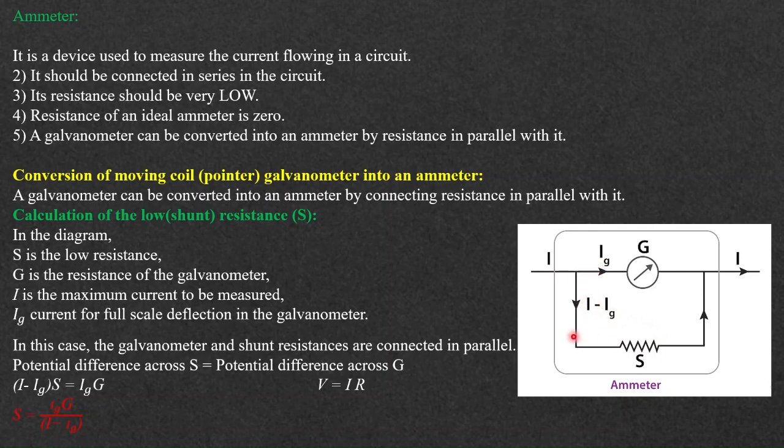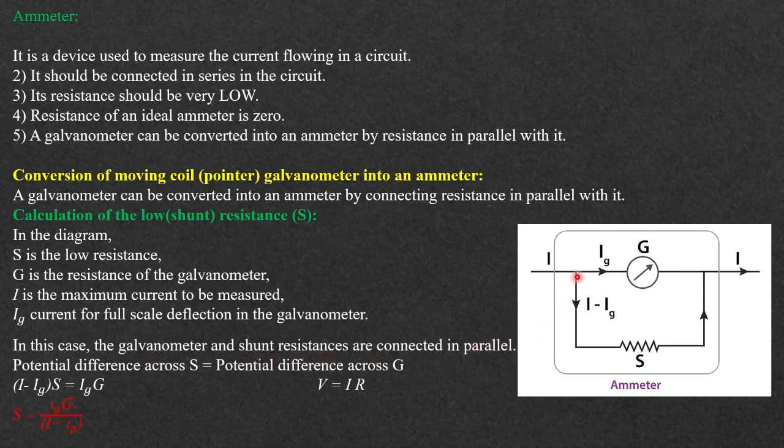Now let us see how we describe this circuit diagram. In the circuit diagram, S is the low resistance, G is the resistance of the galvanometer, I is the maximum current flowing in the circuit, and Ig is the current for a full scale deflection in the galvanometer. In this case, the galvanometer and the shunt resistance are connected in parallel, as we already know.